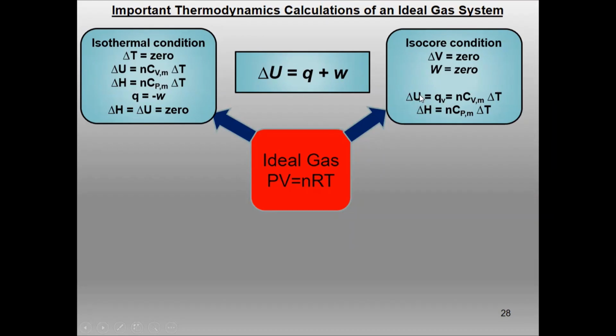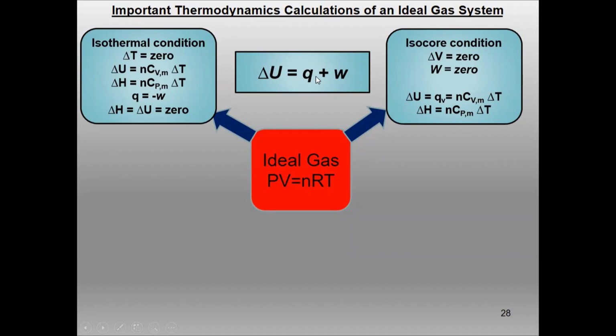So, and we know already that delta U here is equal to Q. Why does delta U equal Q? Because this is 0. If the work is 0, then delta U equals Q. And what is delta U equal to? nCvm delta T. So this is very, very important. So when the question asks you to determine delta U and determine Q and determine W and delta H at isochoric condition, you will say that W is going to equal 0 because this is a constant volume, which means delta V is 0.